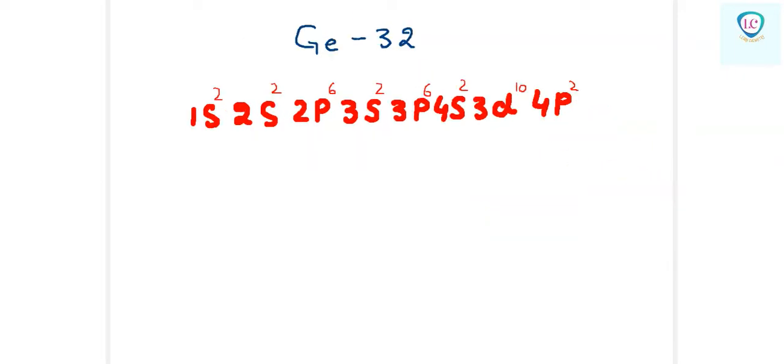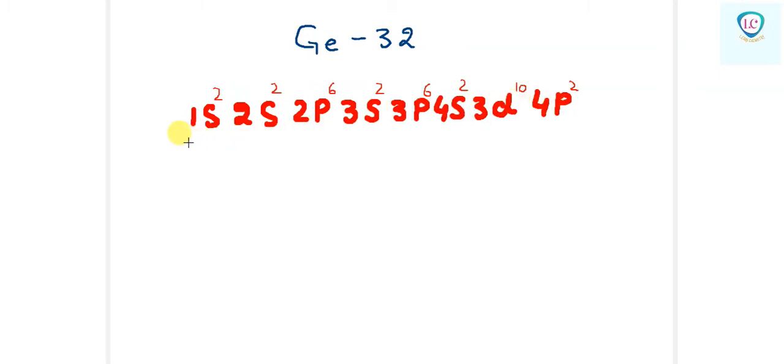Similarly, we can take another example of germanium with atomic number 32. We can write the electronic configuration of germanium as 1s2, 2s2, 2p6, 3s2, 3p6, 4s2, 3d10 and 4p2.